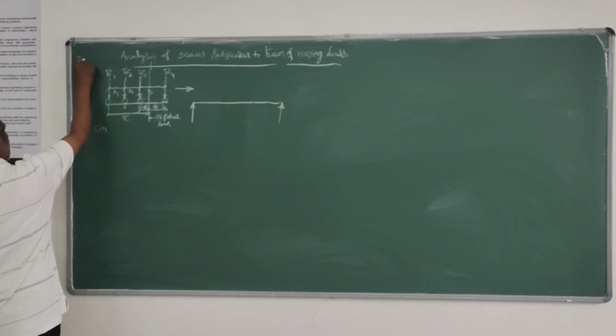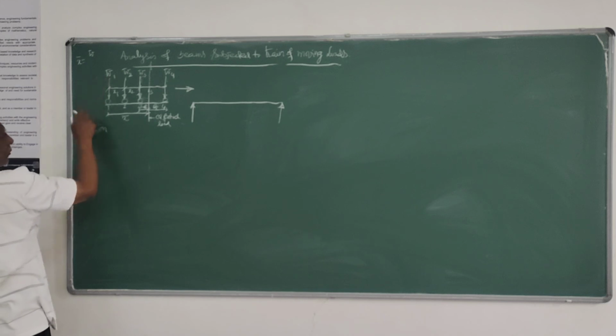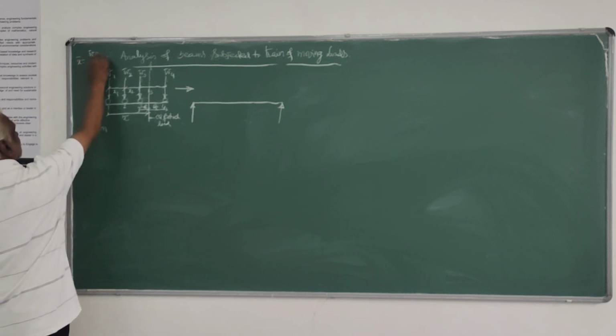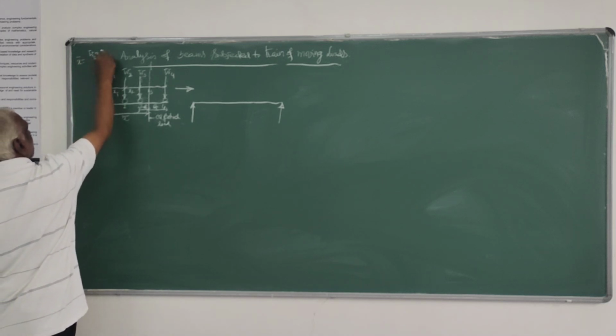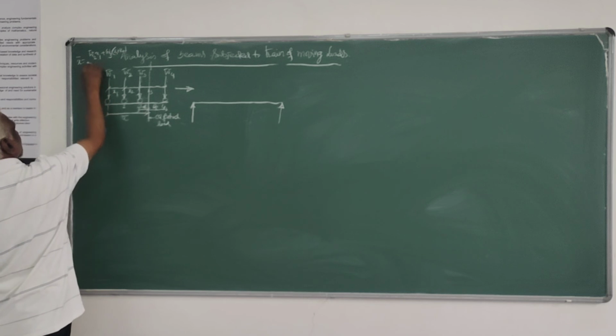This x bar you can compute by taking moment about W1, that is W2 x1 plus W3 into x1 plus x2 plus W4 into x1 plus x2 plus x3.